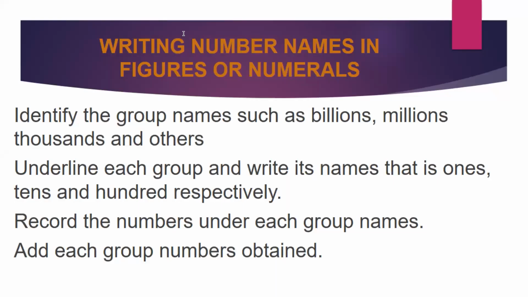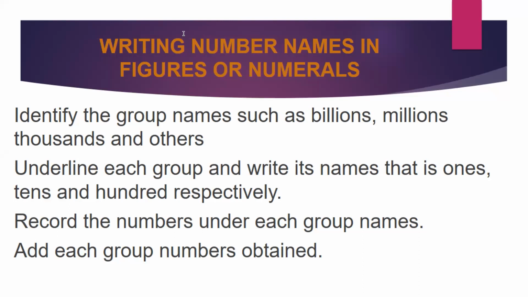Now, let's quickly also learn how to write number names in figures, or in numerals. One, you identify the group names such as the billions, millions, thousands, and others in the sentence. Then you underline each group and write its names, that is ones, tens, and hundred respectively.